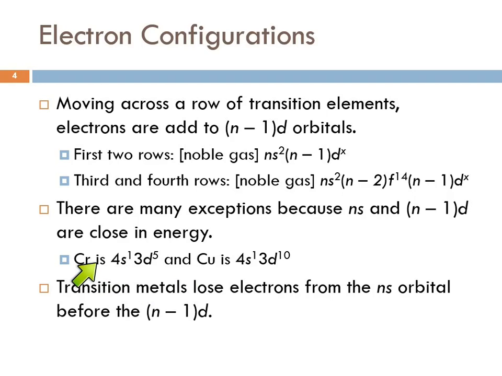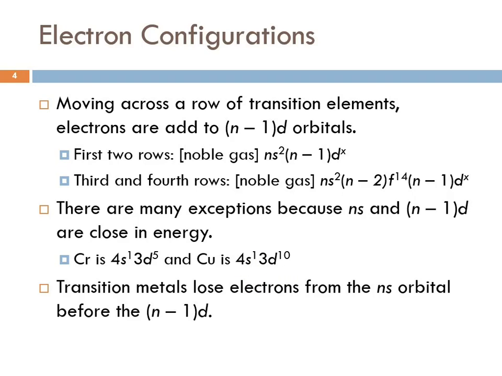With chromium we have a half-filled 4s subshell and a half-filled 3d subshell, and there's an energy stability bonus in getting it half full or completely full. With copper, by moving one of the 4s electrons into the 3d subshell, we can completely fill it up.